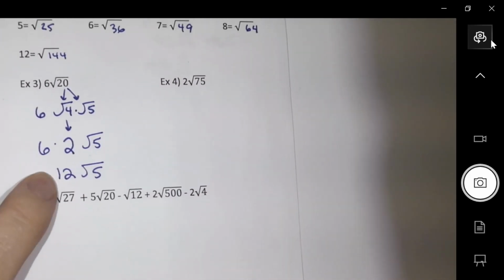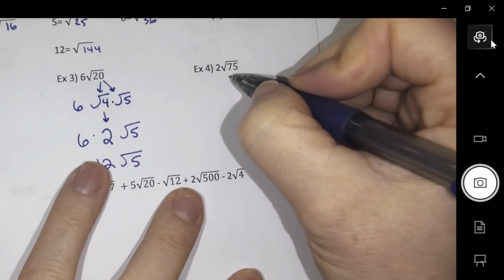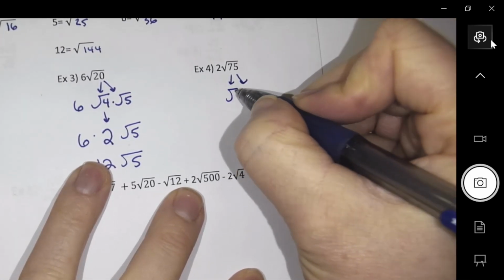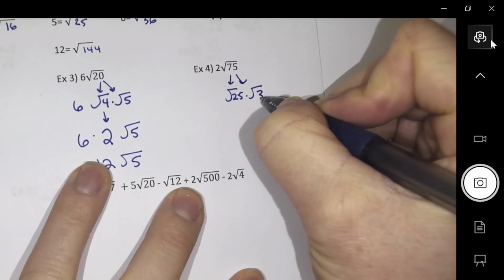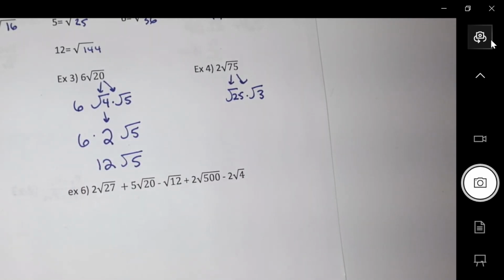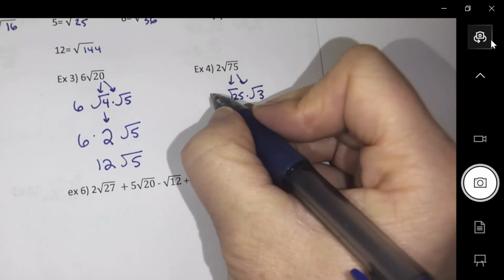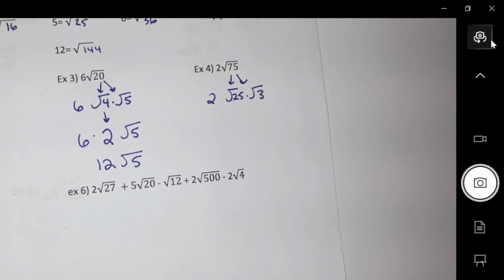Okay, 75 is divisible by 25. So 25 times 3 is how I get a 75. And then there's a 2 in the front of all that.